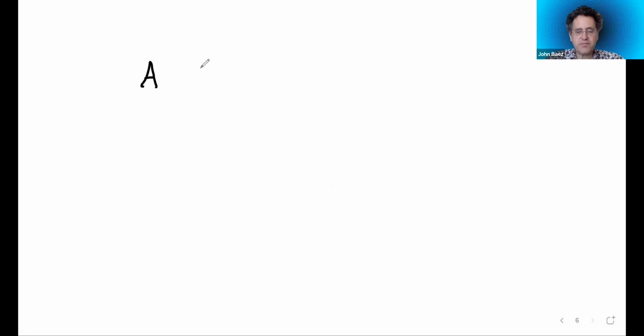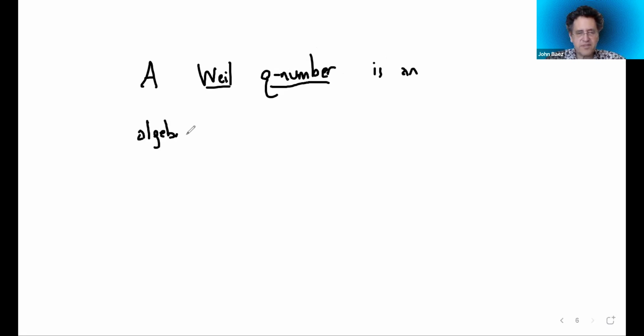The first concept is a Weil q-number: it's an algebraic integer in the complex numbers.